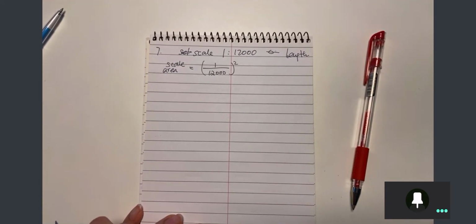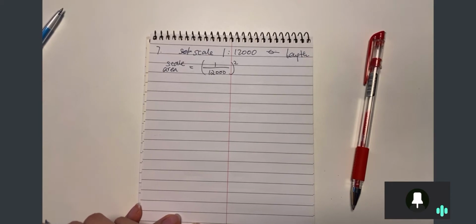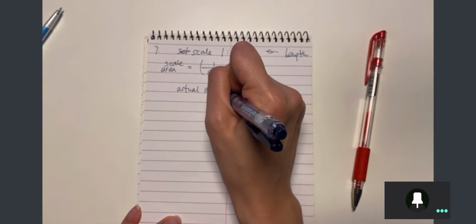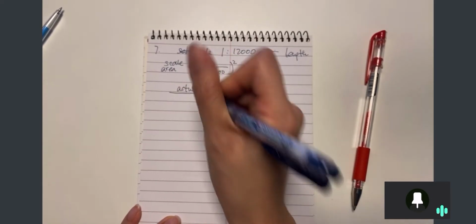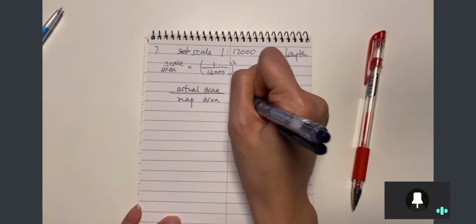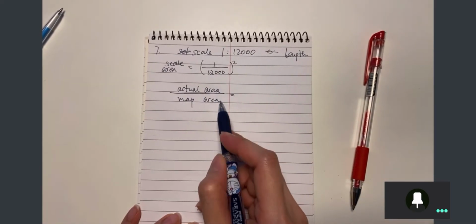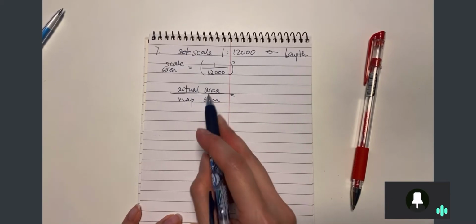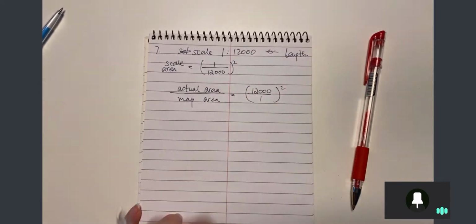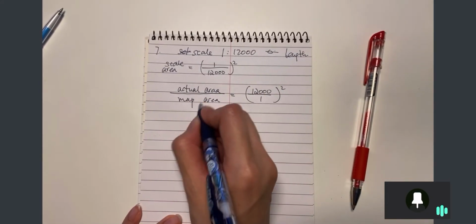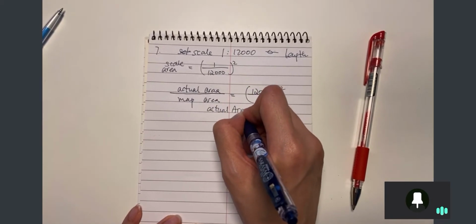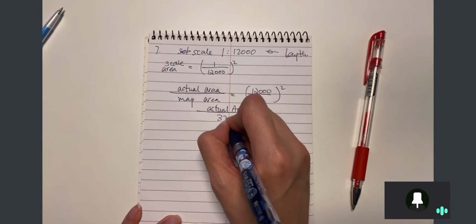Okay, so if I am going to find the actual area, actual area divided by the map area, the scale involved, the actual one is bigger one, so bigger one over the smaller one, square. And then the given map area is 320.